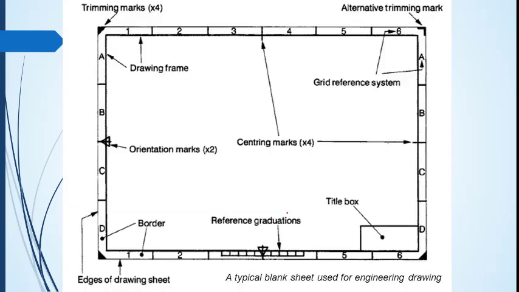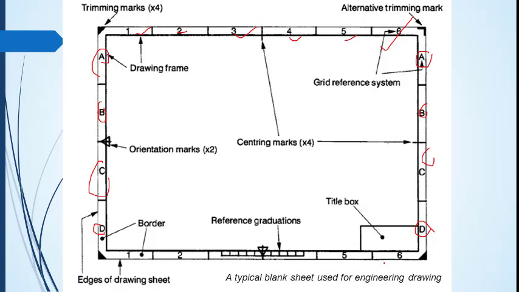Here is an explanation of the sheet that you can see here. This is a sheet and this is a grid reference system. As I told you, A, B, C, D, and on the other side is also A, B, C and D. On the top and bottom you can see here 1, 2, 3, 4, 5, 6, and the same is on the bottom, 1, 2, 3, 4, 5 and 6.